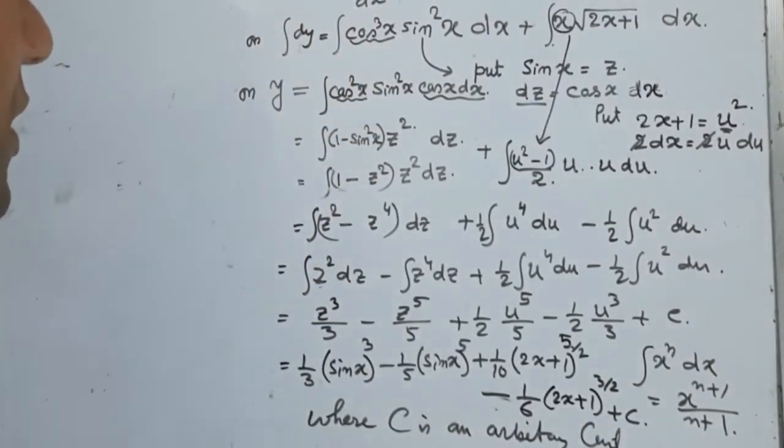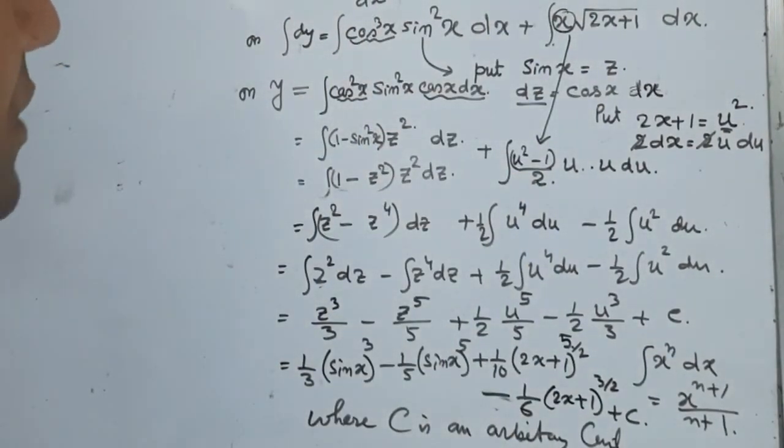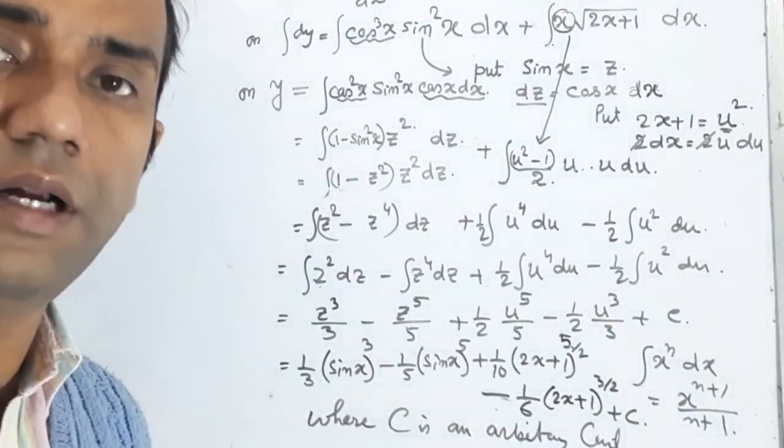This is the required result for this problem, the solution of dy/dx = cos³x sin²x + x√(2x+1).